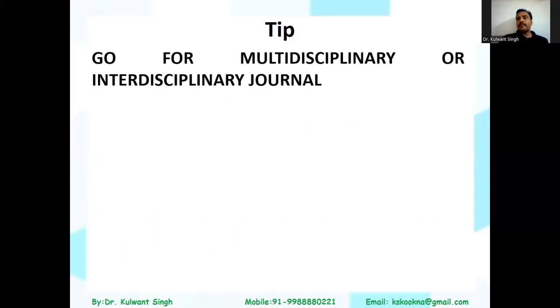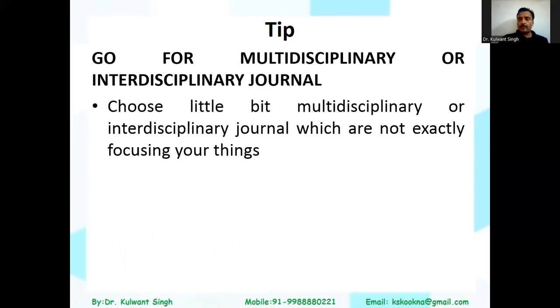Go for multidisciplinary or interdisciplinary journals. At the initial stage, for beginner scholars, it is recommended to opt for a multidisciplinary journal for publishing review articles.